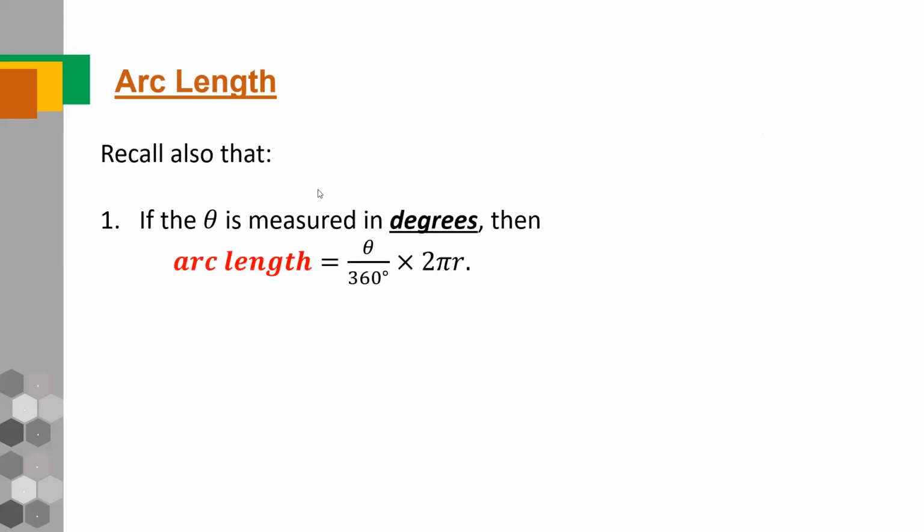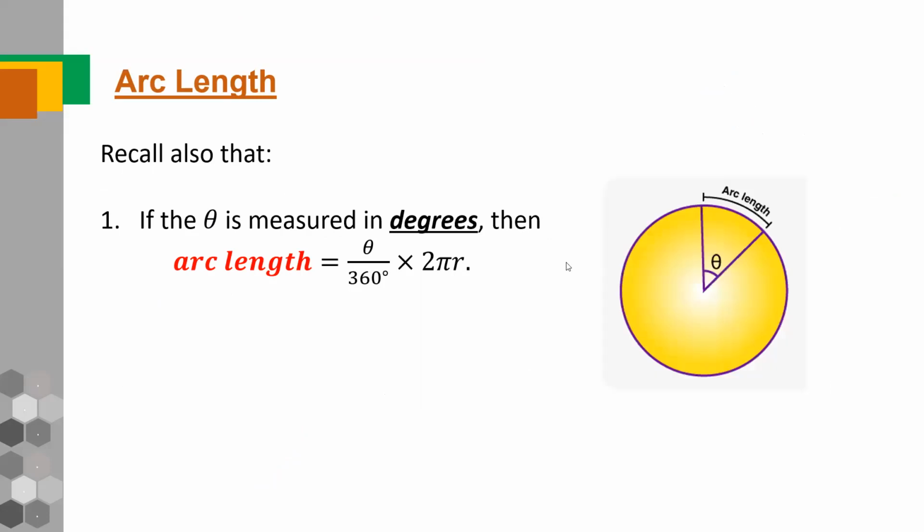Okay, so ang arc length. So recall also that if the angle is measured in degrees, ang arc length nato is equal to the angle divided by 360 degrees times 2 pi r.